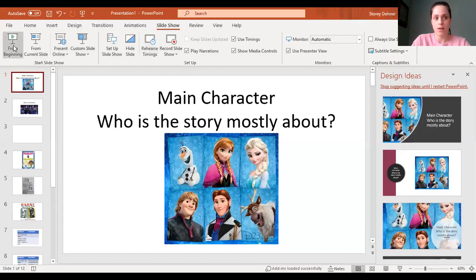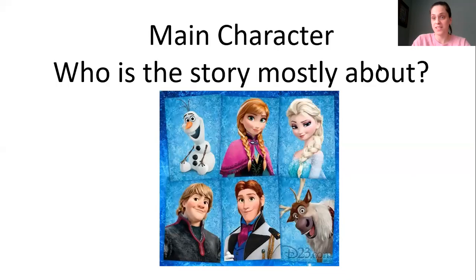Okay, so let me show you my presentation here. I picked Frozen to give some good examples because I know so many of you love Frozen. So in Frozen, we have lots of main characters. I mean, these 6 characters right here are pretty important for the story, but I guess you could argue that Elsa and Anna are probably the most important.